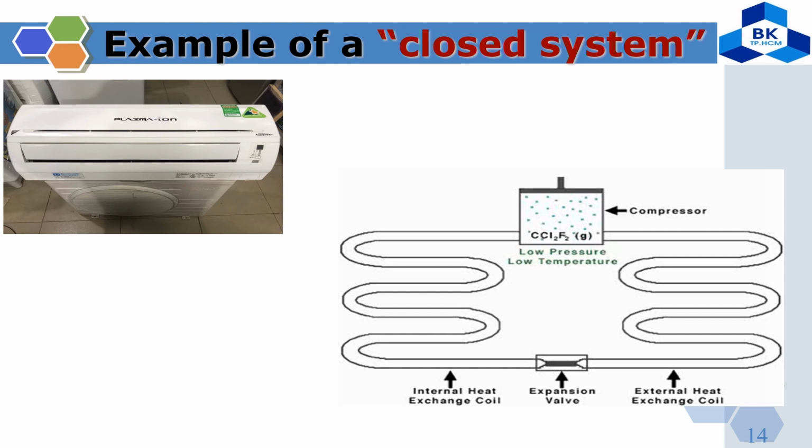It does not transfer in or out of the system. So you can say that the air conditioner, or the refrigeration system in general, is a closed system because the substance inside the system cannot be transferred in or out of the boundary.